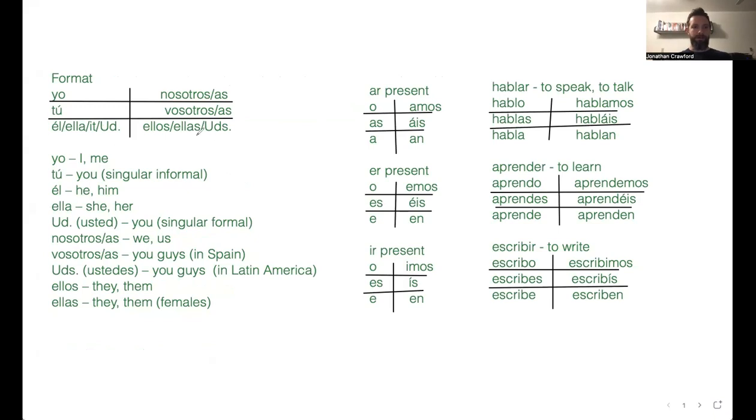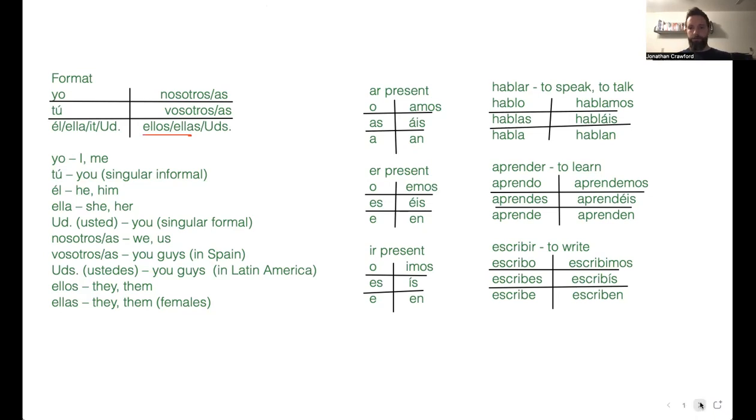And so that would be ellos. It's they. This is the first question you want to ask. Who is doing the verb? It's ellos. Let me change my color here. Ellos. So if they are doing the verb, if it's an AR verb, you use this ending. If it's an ER verb, this ending, and IR verb, you use that ending.